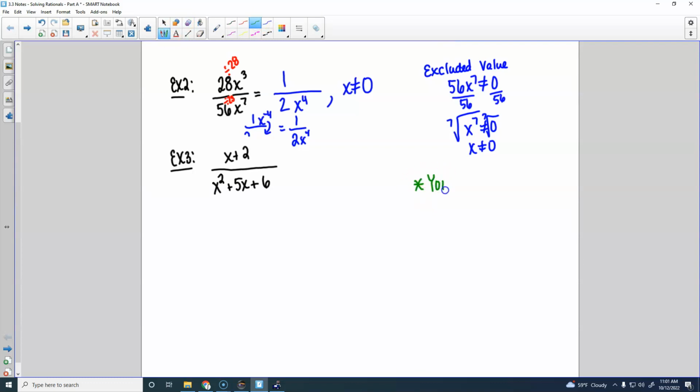You can not cancel terms that are separated by plus or minus signs.